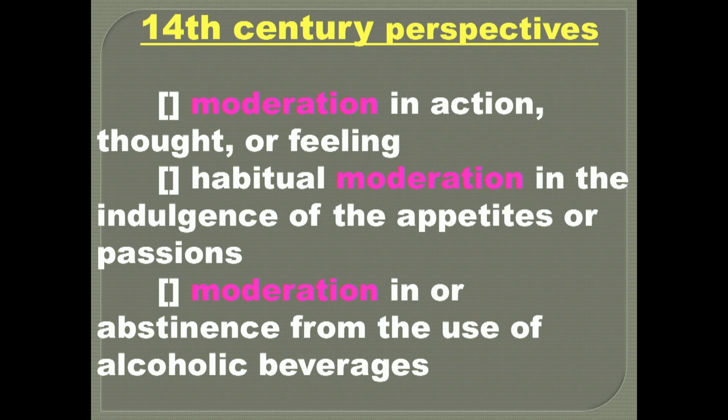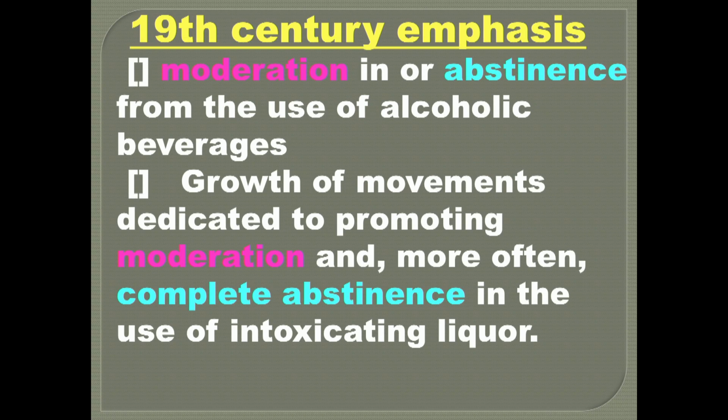And this was the perspective at that time. In the 19th century, moderation in or abstinence from the use of alcoholic beverages, growth of movements dedicated to promoting moderation, and more often complete abstinence in the use of intoxicating liquors.